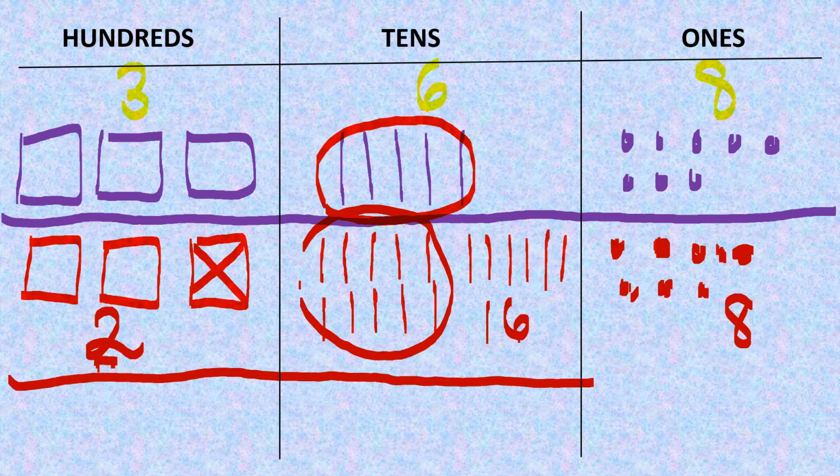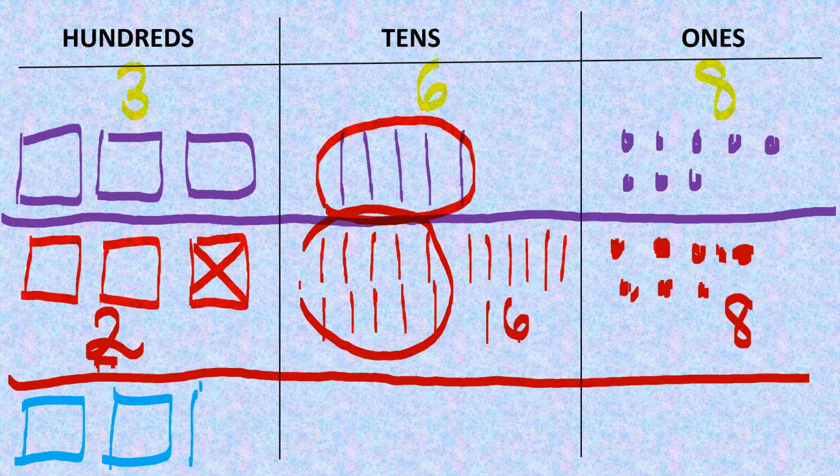So this time, let's go back and let's keep our 300s. So we have 300s, and we had 6 tens, 10, 20, 30, 40, 50, 60. But let me decompose one of those tens.